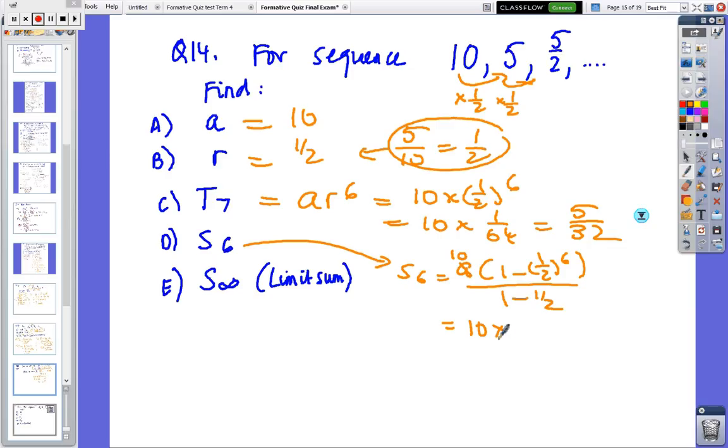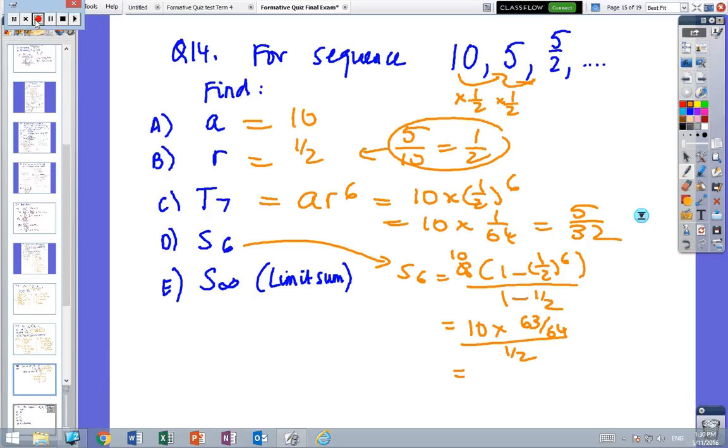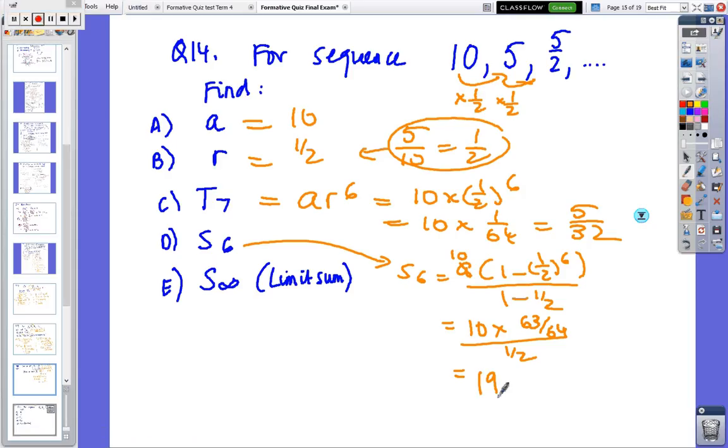So we get 10 times, a half to the power of 6 is 1 over 64, so that's 63 over 64, divided by a half. And I'm going to pause and do this on my calculator. Okay, so I'm back. It's 19.6875, or the fractional equivalent. I'm assuming I haven't made a mistake.